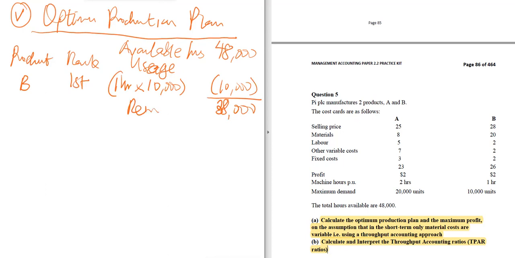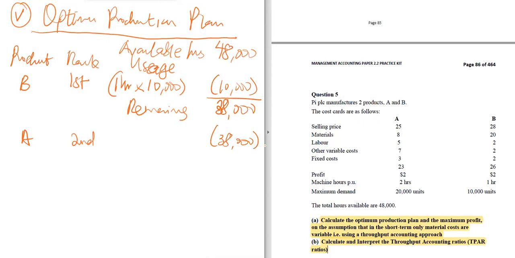Also, so if you have 38,000 hours remaining, when we get to product A, which is the second in ranking, we only have 38,000 hours remaining. But with 38,000 hours, how many units of product A would we produce? Because we need to produce 20,000 units, which requires about 40,000 hours. But we only have 38.